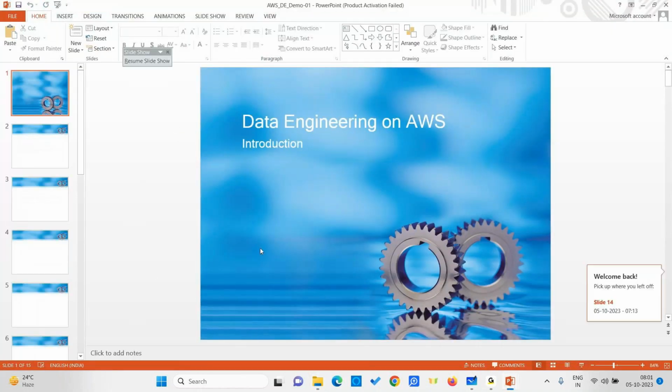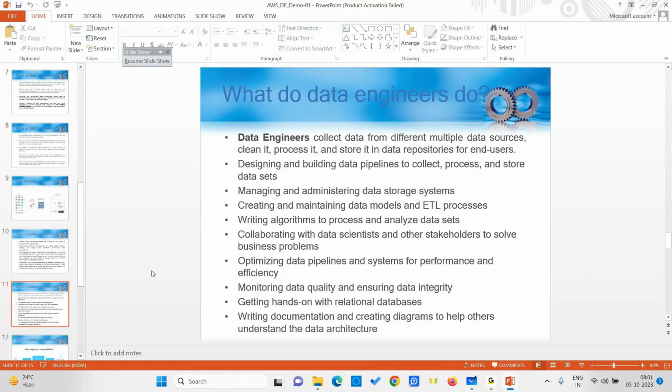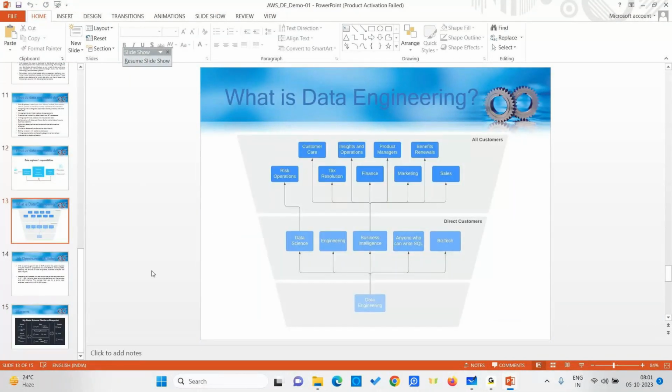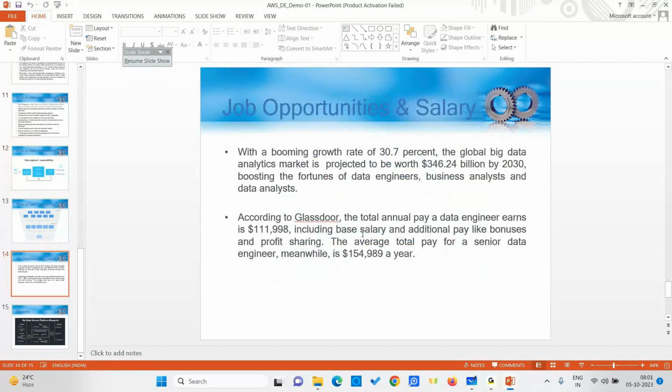And in the USA, according to Glassdoor, the total annual pay a data engineer earns is around $112,000, including base salary, additional bonuses, and profit sharing also. Okay, thank you.